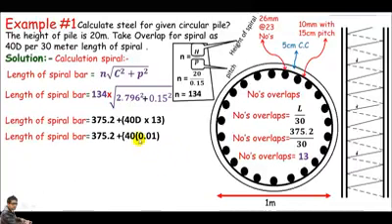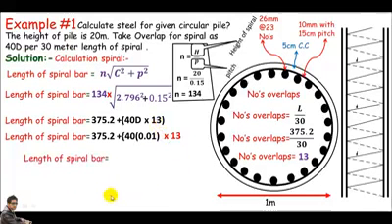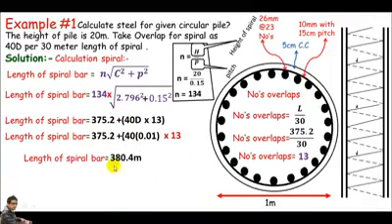So 40 times 0.01 times 13. When you calculate this, the length of spiral bar is 380.4 meter, and this was really amazing.